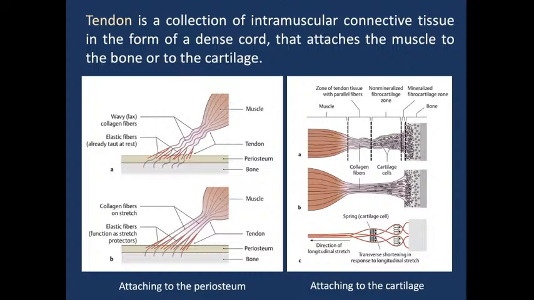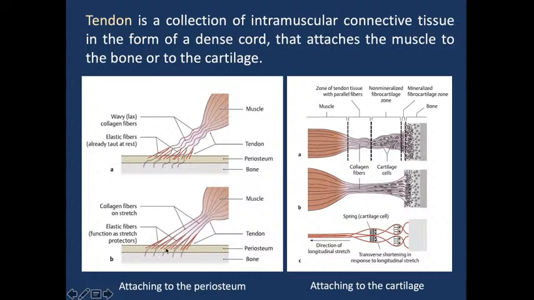The next slide illustrates the way of attachment, the way of combination or attachment of muscles to the bones. It would be 2 points. As you see, that is attaching to the periosteum.